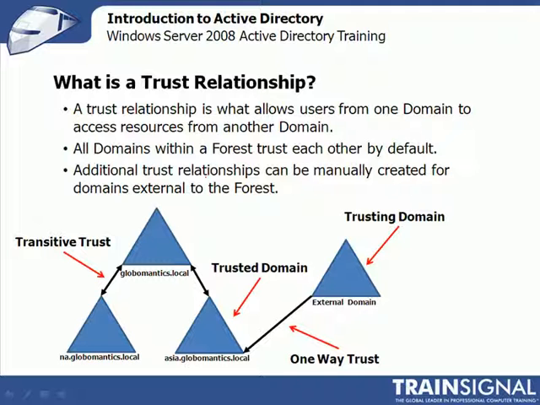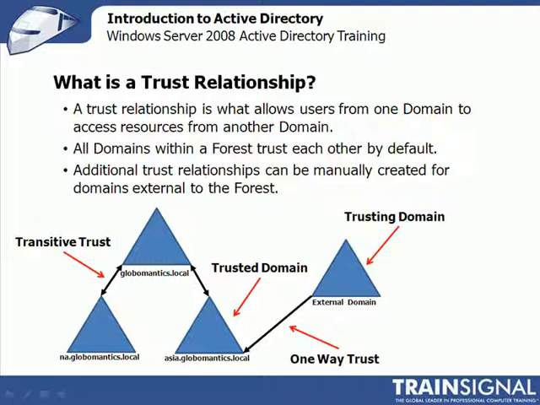This is why domains used to be considered a security boundary, because we used to say that users pretty much could only get to stuff within their own domain. Well, that, like I said before, was never really true, and now is definitely not true. The reason is that all domains within a forest trust each other by default.